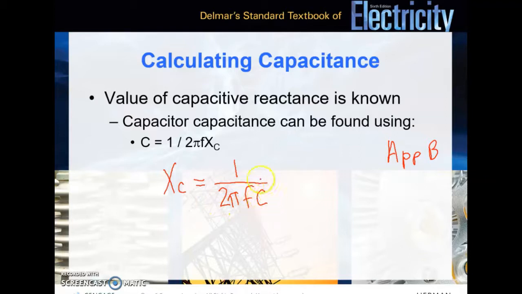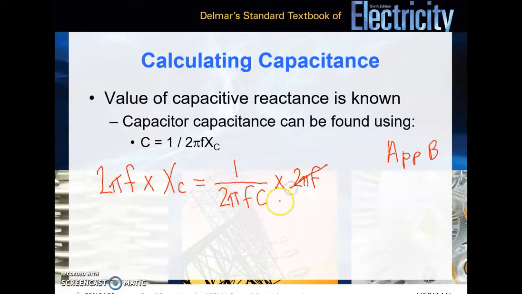So what I want to do is get C all by itself on one side of the equation. I'm going to multiply the right side by 2 pi f, and I'm going to multiply the left side by 2 pi f.